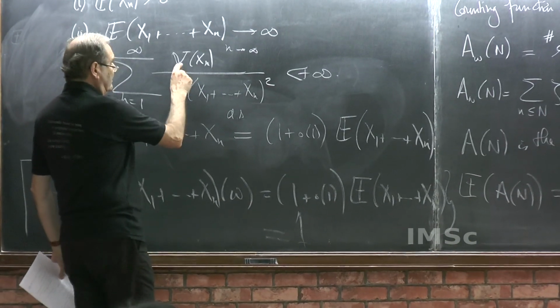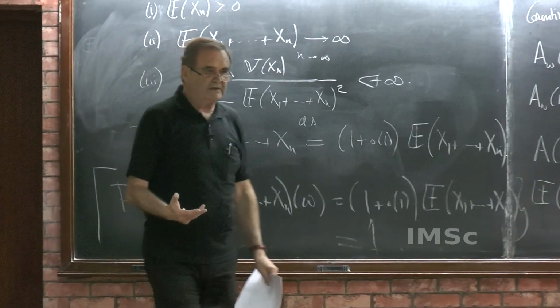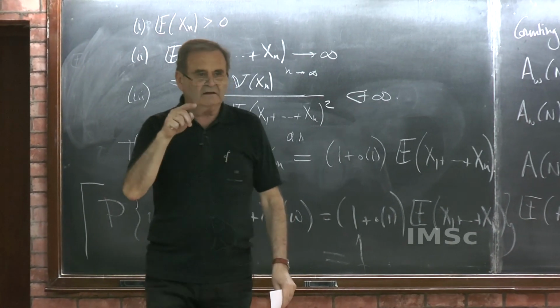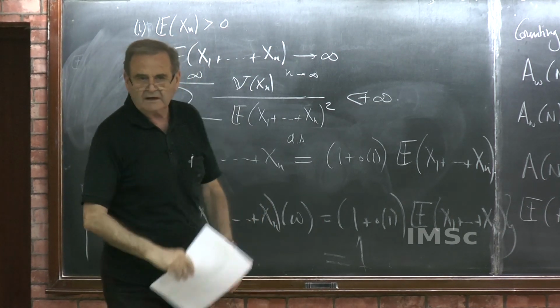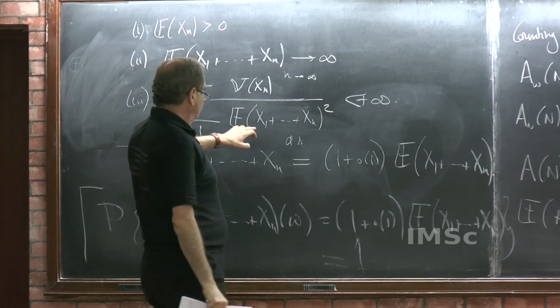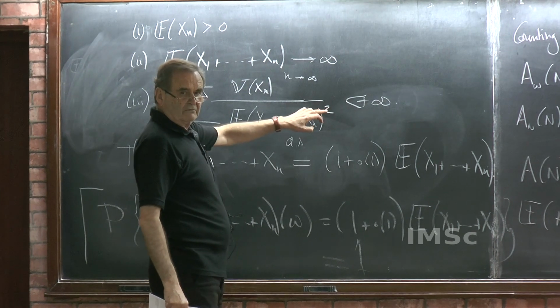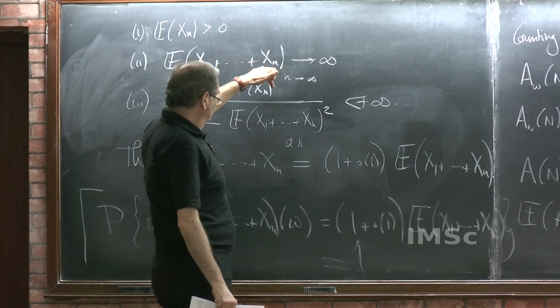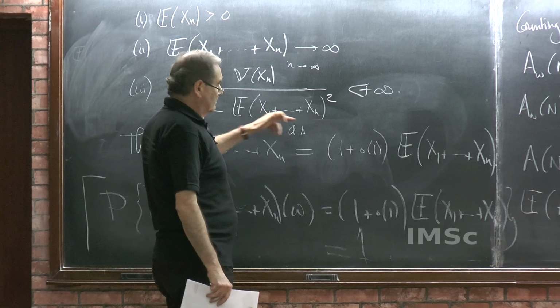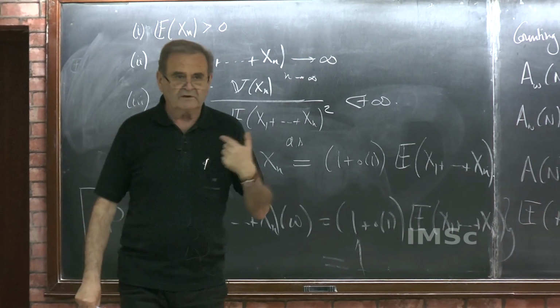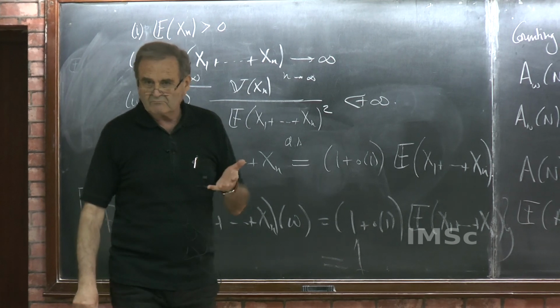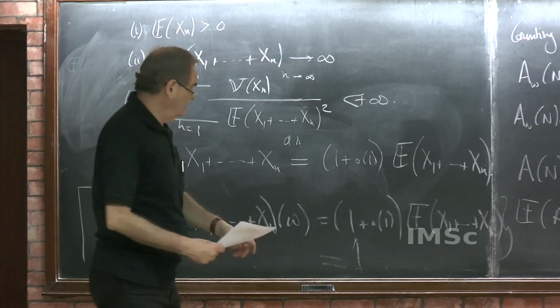Essentially, the variance will be something like Pn, it is Pn times 1 minus Pn. So it is essentially Pn, and the denominator will be (P1 plus P2 plus ... plus Pn) squared. So you want Pn divided by the square of the sum of the Pn to be a convergent series. Usually it's not too difficult to check.